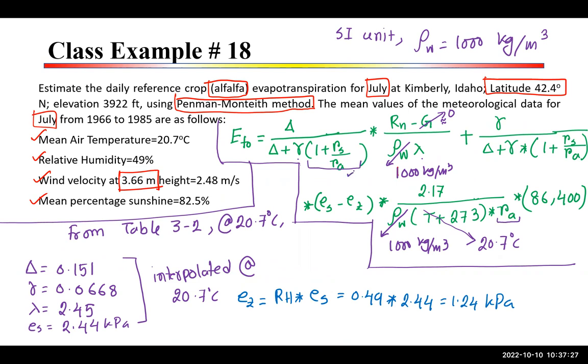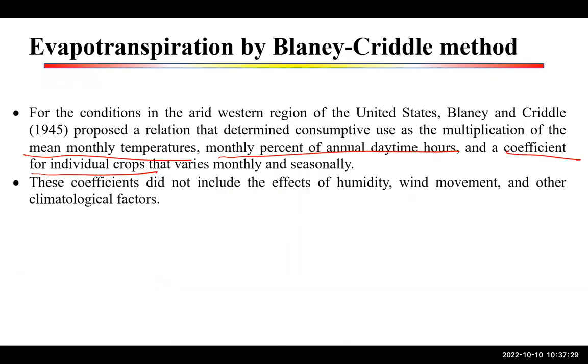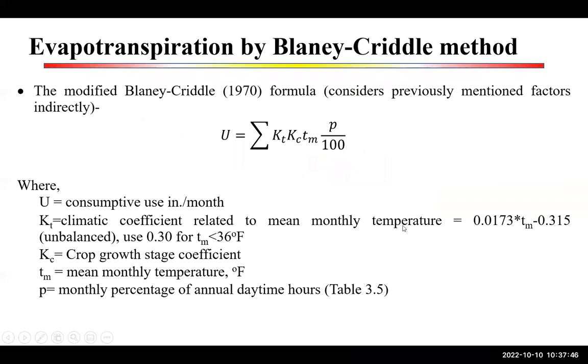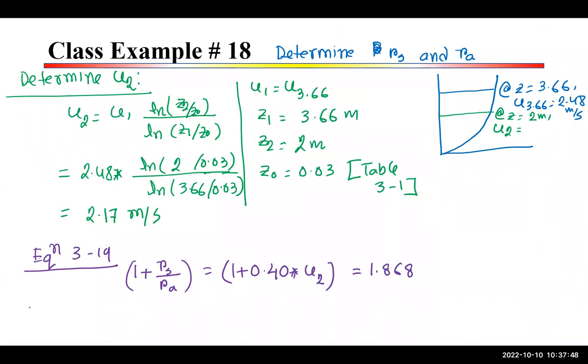Okay. So for RA value, is there any equation I can use? This one is for RS and this one is for RA. Again, we need U2, right? So that is the equation 3.18. Plus, please make sure you write down all the references here. Otherwise, it will be too much.